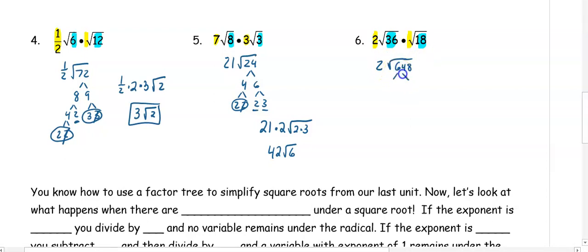So when we break this down, we can break it into 36 and 18 because those are the numbers we originally multiplied. 36 breaks to 6 and 6, so I can cut some of my work down and just use that as a group. I have to keep breaking down 18, though, into 9 and 2. 9 breaks to 3 and 3, so that's a pair of 3. So there's a 2 outside already, multiplies with a 6 and a 3 from our groups, and there's a 2 left over. So 2 times 6 times 3 is 36 root 2.